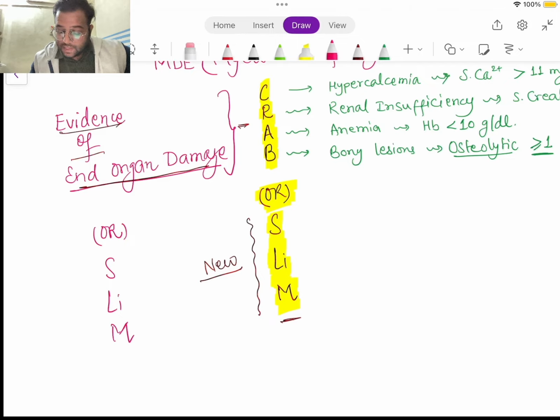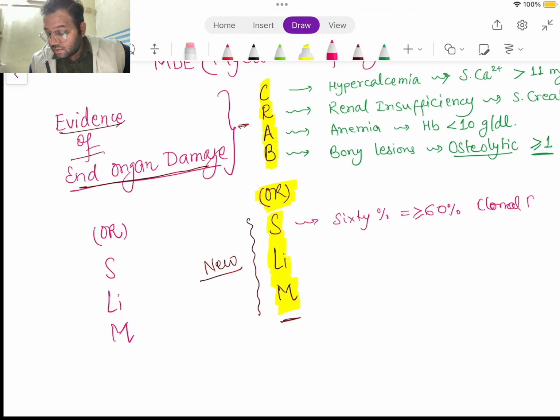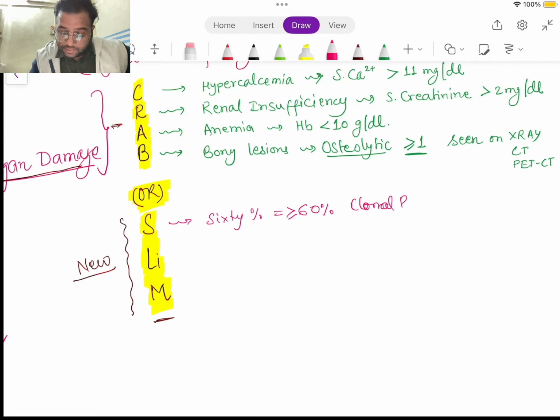Let's see. S is for 60%, that is more than or equal to 60% clonal plasma cells in bone marrow.